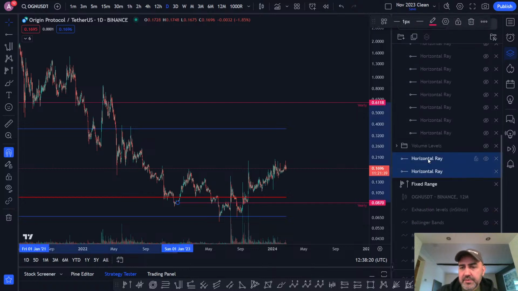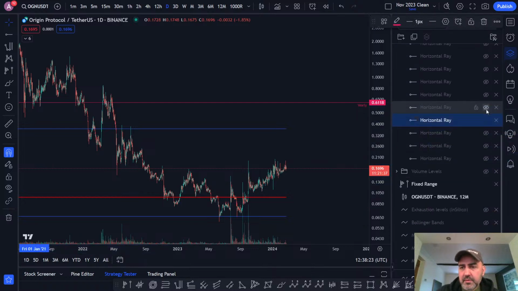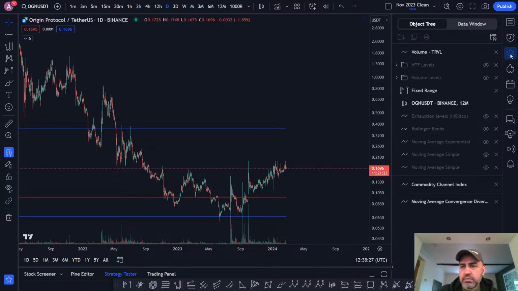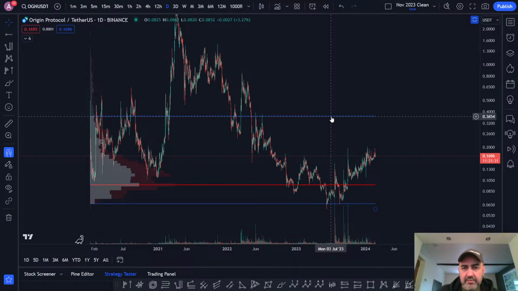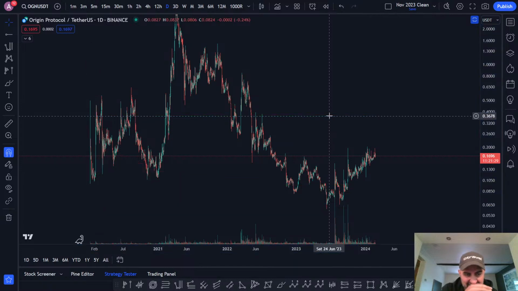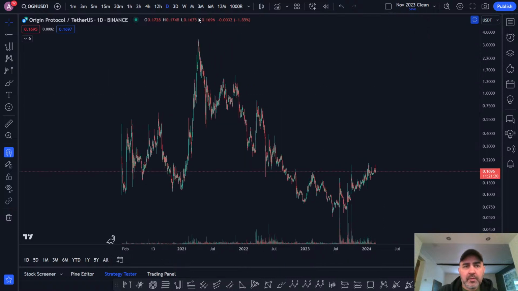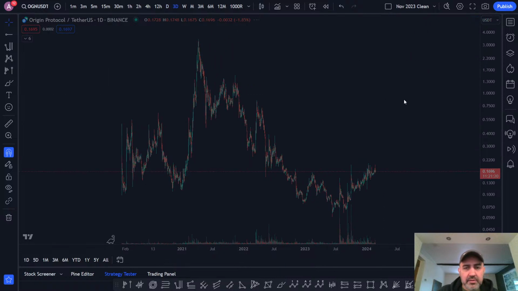Put these yearly ones in there as well. I can get rid of this fixed range. Go back to the 3-day chart.